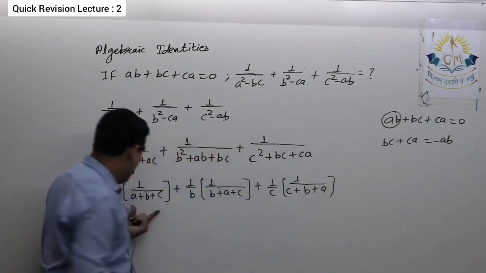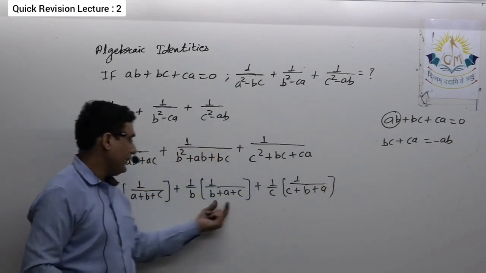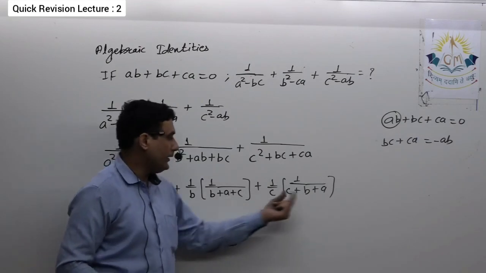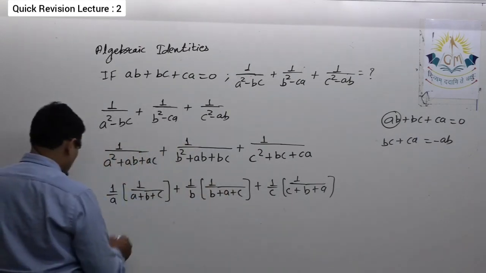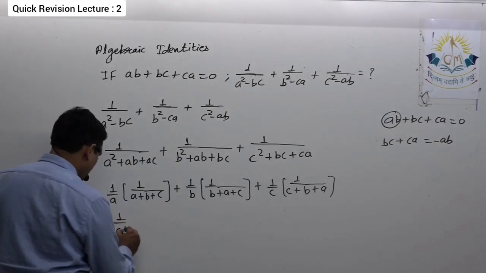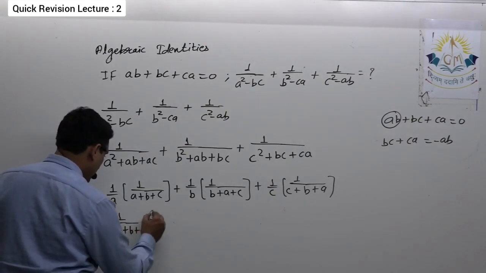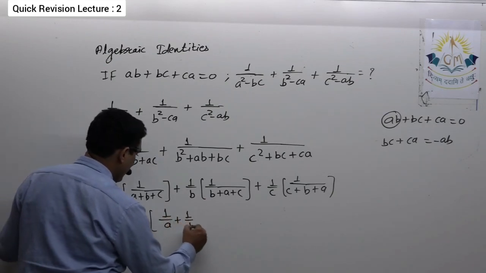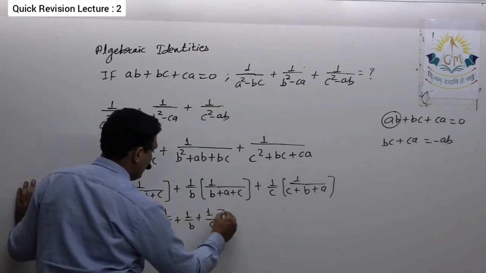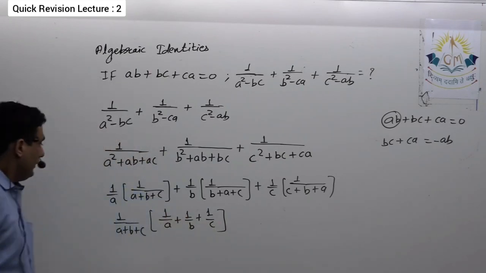That means here I have 1 upon A plus B plus C, here again 1 upon A plus B plus C, and here again 1 upon A plus B plus C. So if I take 1 upon A plus B plus C common from these three, I will get 1 upon A plus 1 upon B plus 1 upon C, isn't it?